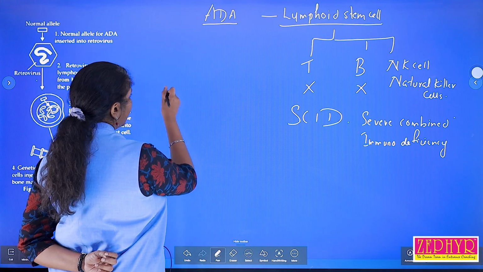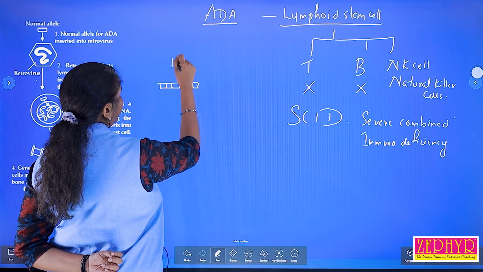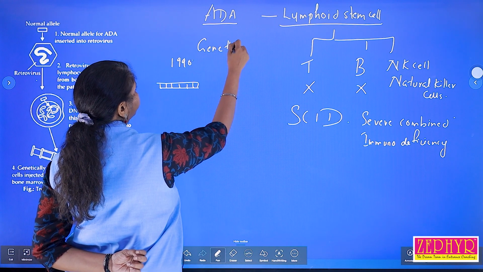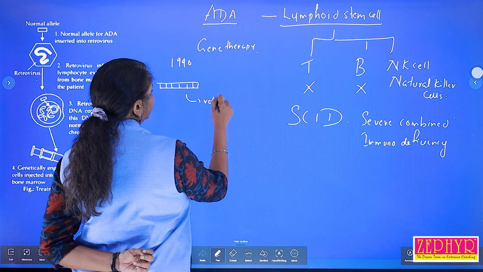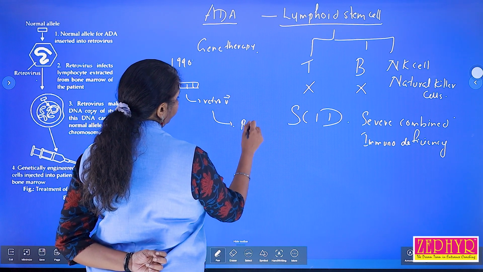So what I did is I took up the ADA gene. Okay, this was done in the year 1990, and we call it gene therapy. We took it into a retrovirus, disarmed it, and then we supplied it into the bone marrow.